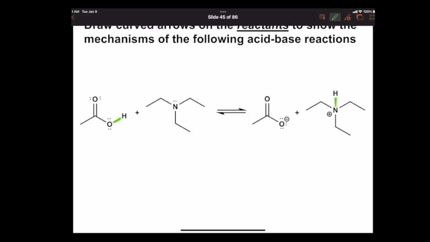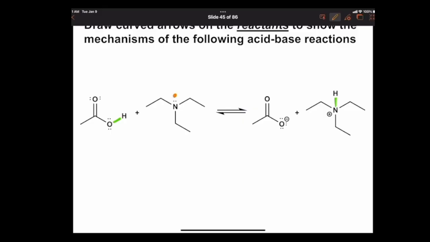What that means is there must be a total of at least two arrows, right? We need to make a new bond, which means electrons are reaching out to create a sigma bond. That's 2 electrons. And we're breaking a bond. We're taking electrons that used to be in a bonding relationship, and we're moving them to be on an atom. So when we draw this as equilibria, you start on the base.